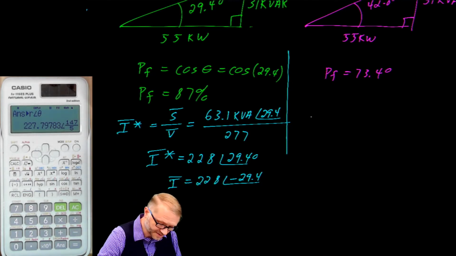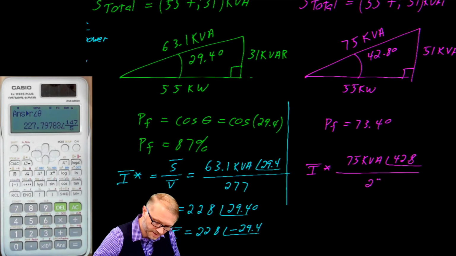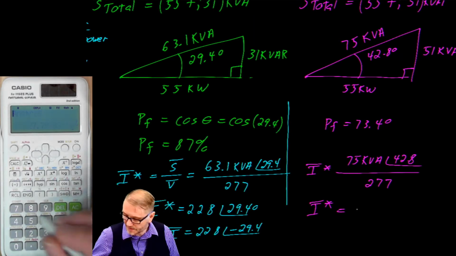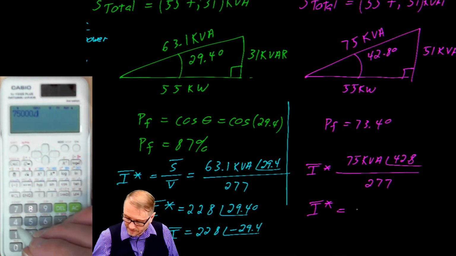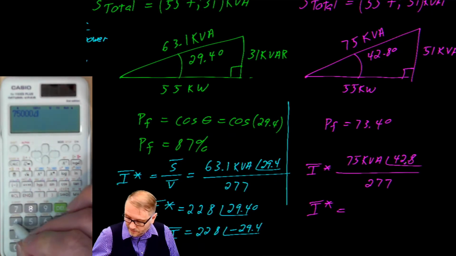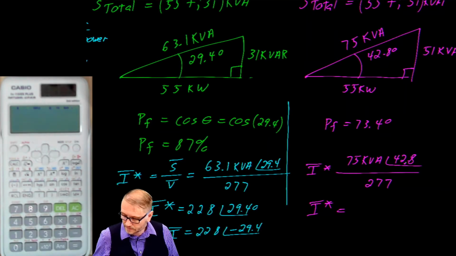Without the capacitor, the complex conjugate of the current is S, so that's 75 kVA at a phase angle of 42.8 over the voltage. So the complex conjugate of the current is 75000 at a phase angle of 42.8 divided by 277.